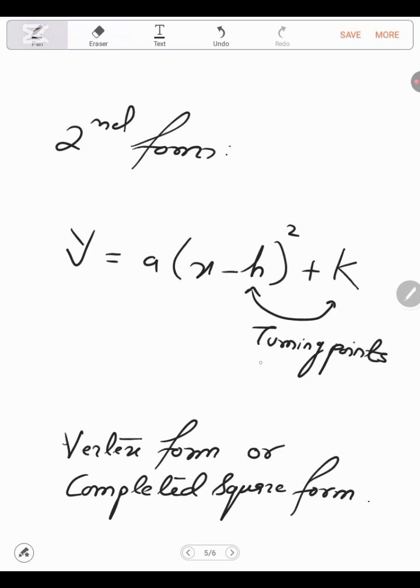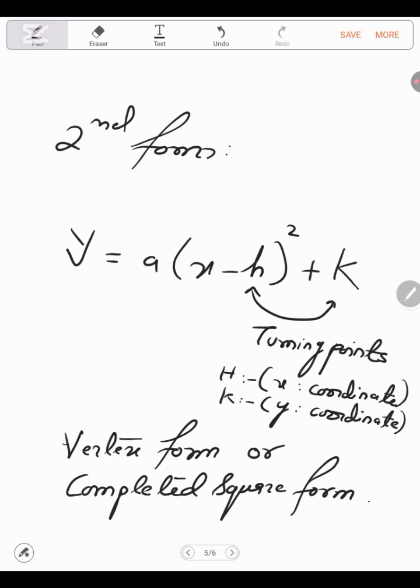Okay, so h is basically your x coordinate and k is your y coordinate. Okay, so further we will be studying later on how we are supposed to find out the turning points, and this is something new that you might have learned.